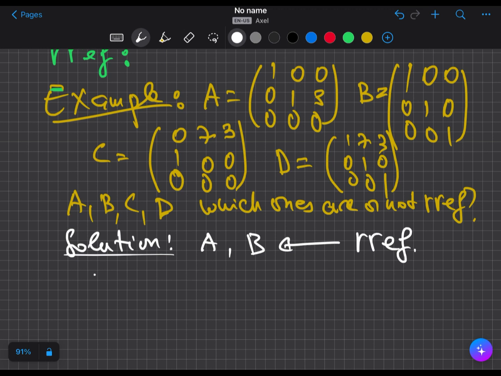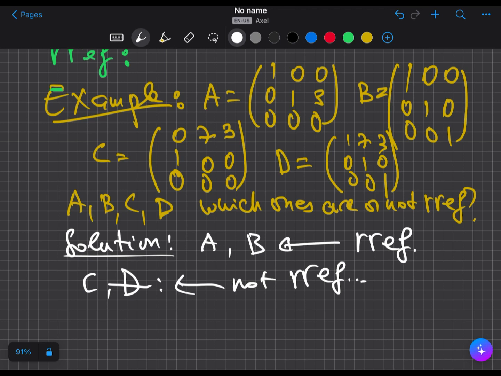And then we also realize that C and D are not in the reduced row echelon form. So why is C not? Because number one, when we go down the matrix, the leading one does not move to the right.